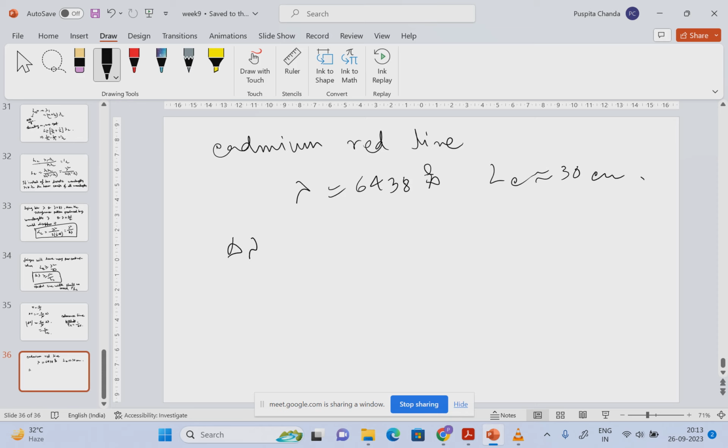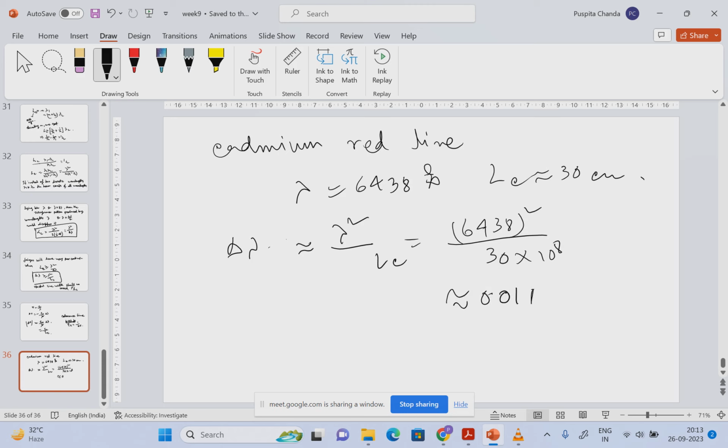So delta lambda should not exceed lambda square by LC, which is 6438 whole square by 30 into 10 to the power 8, all things in angstrom.